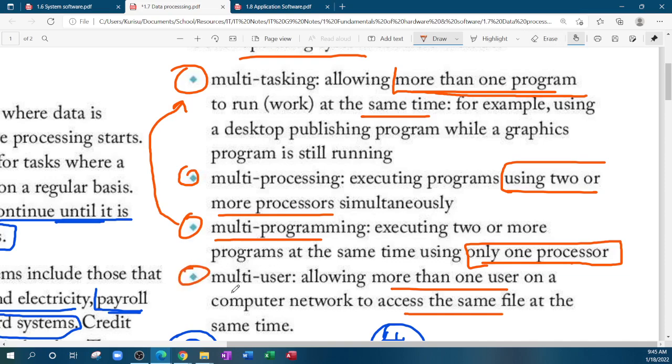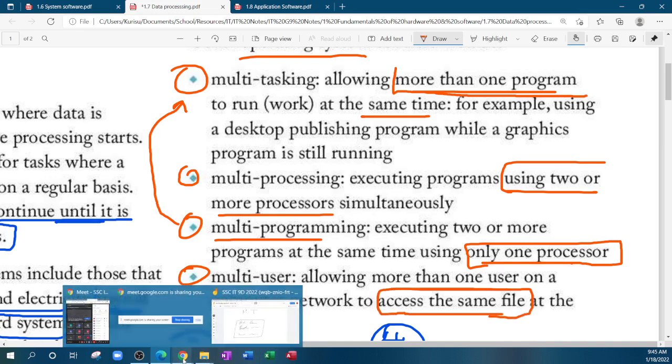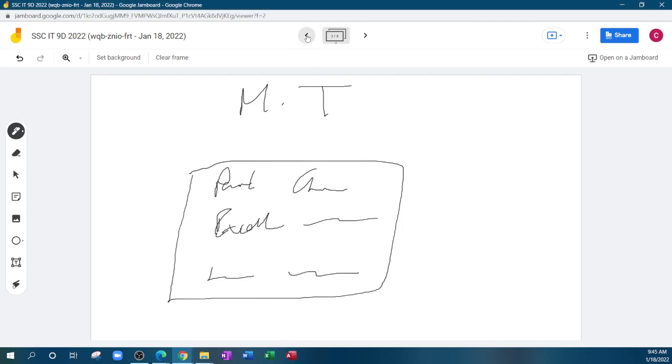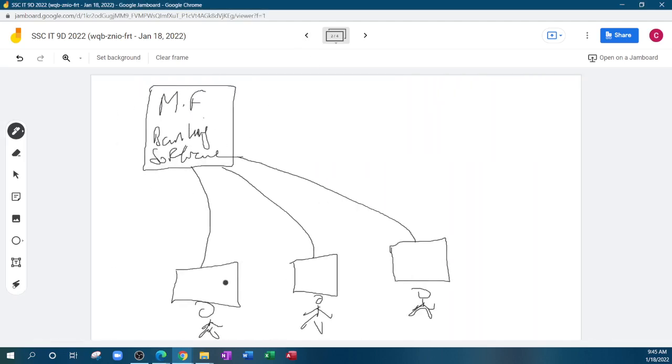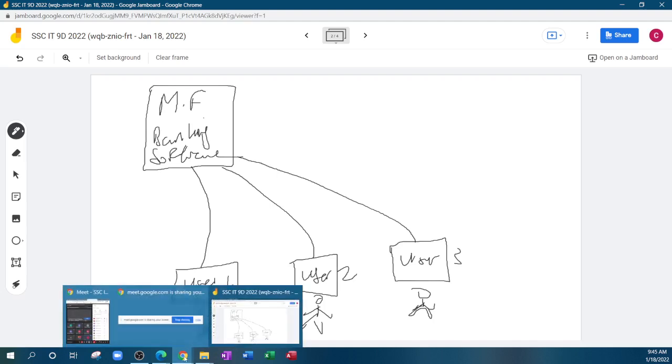And lastly, we have multi-user, multiple users. So you're gonna have multiple users accessing the same file. So that's like the example of that mainframe setup. So the mainframe setup, you have multiple users, user 1, user 2, user 3, and then you're going to have multiple more of them, and they're going to have access to this one system there.